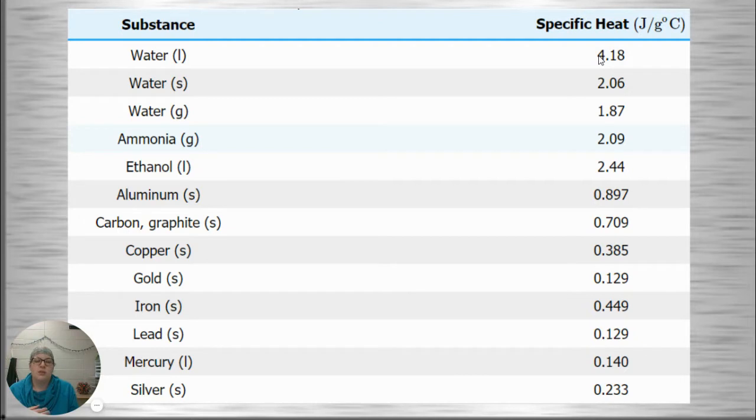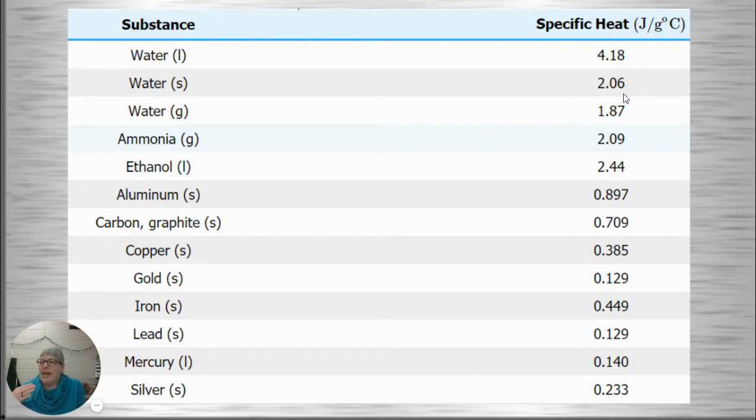The units on specific heat are joules per gram degree Celsius because it's how many joules it takes to move a gram 1 degree Celsius. The specific heat of water is really, really high. Like I said, it takes a lot of energy to get water to change its temperature. Even ice has a lower specific heat than water does. We talked about this a little bit: steam too.